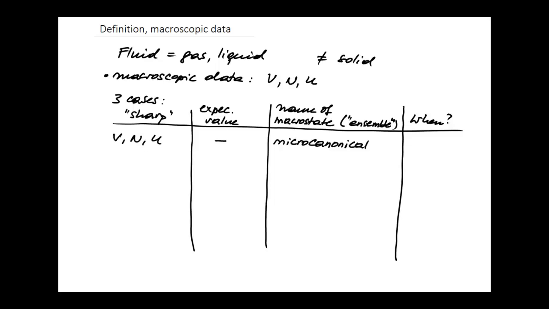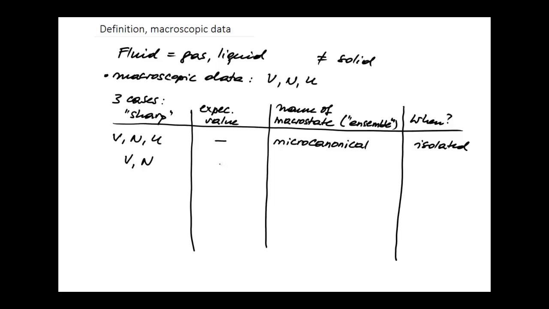This is relevant when you have a perfectly isolated system, where you don't have any exchange of particles, of energy with an environment, and hence particle number, energy are strictly conserved, and if you are also able to control their values within some measurement uncertainty, which is always there, then the appropriate ensemble or macrostate would be the microcanonical macrostate.